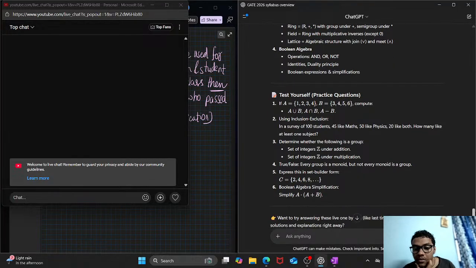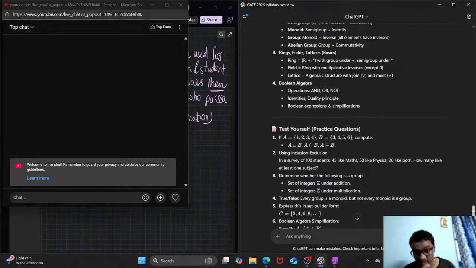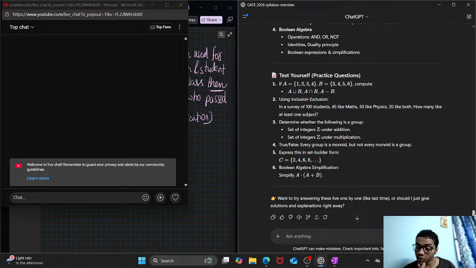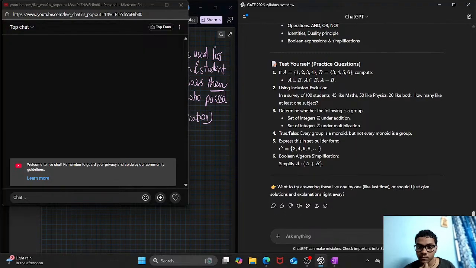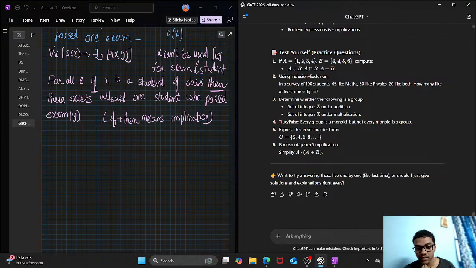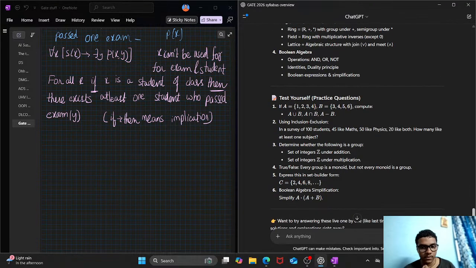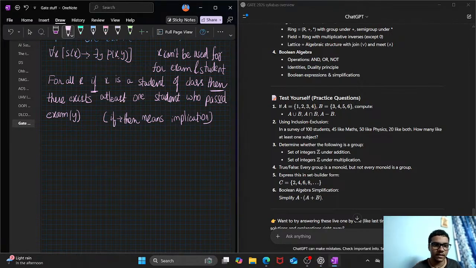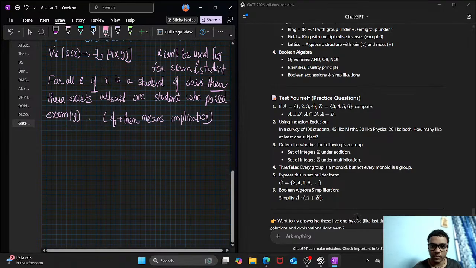Instead of that, is a group. I need to understand what a group is before. And every group is a monoid, but not every monoid is a group. And I also need to know the Boolean algebraic simplification to pass these practice questions. But let's first write what we know.